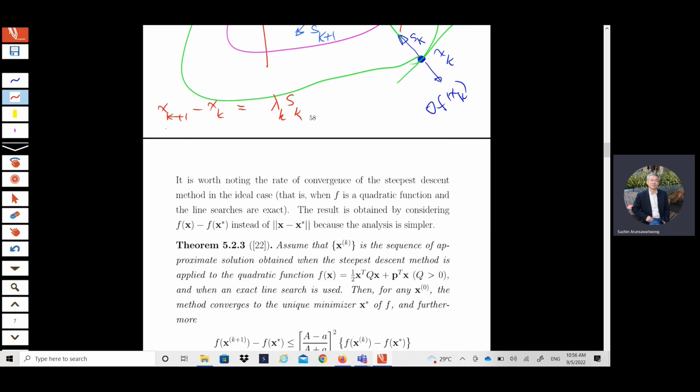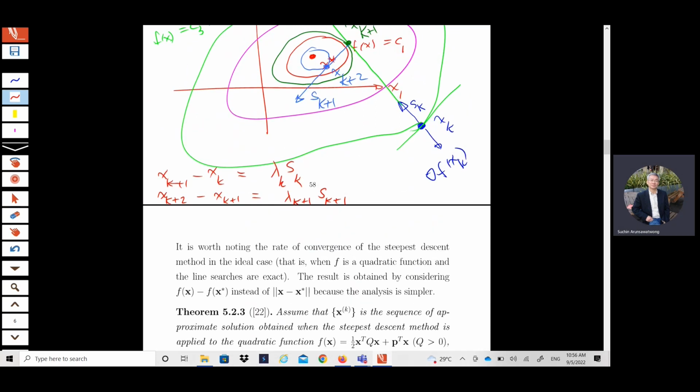In a similar way, xk plus 2 minus xk plus 1 is equal to lambda k plus 1 sk plus 1. From the steepest descent property, we know that lambda k and lambda k plus 1 are positive, by the descent property.